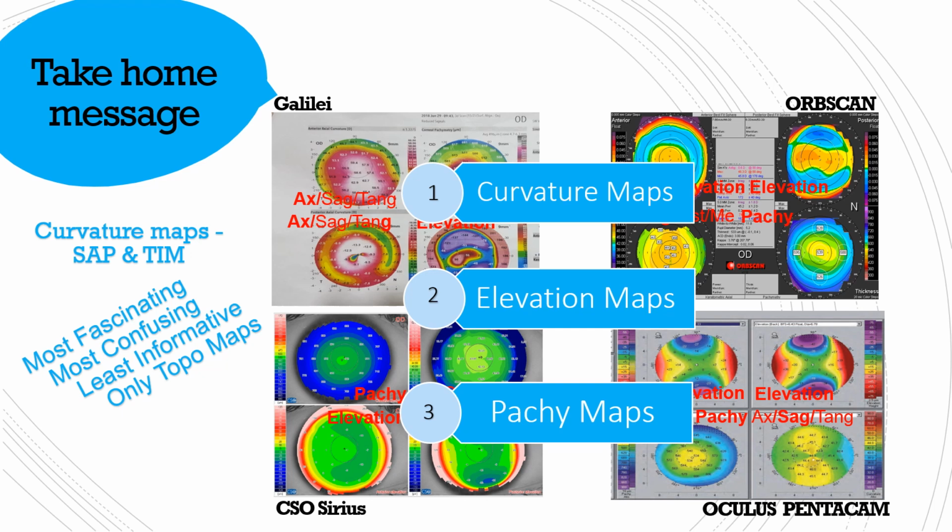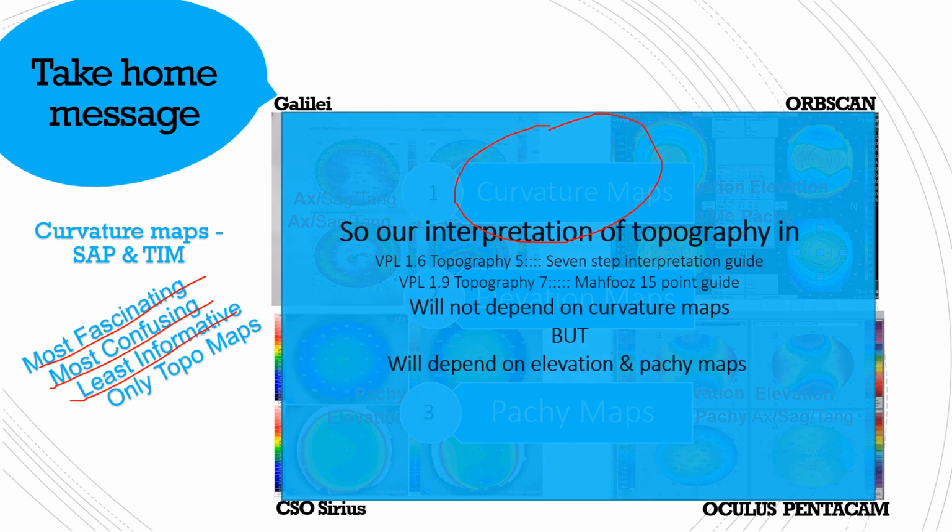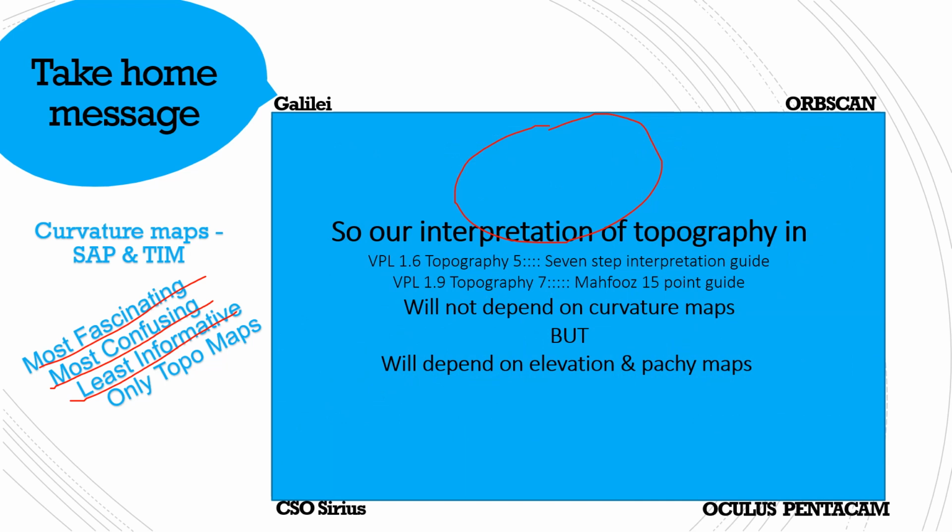So the take-home message is that the curvature maps are most fascinating, most confusing, and least informative, so we will not be dependent on them for interpretation of the topography. So for the interpretation of the topography in sections VPL 1.6 and 1.9, we will not depend on the curvature maps, but we will depend on the elevation and pachy maps.